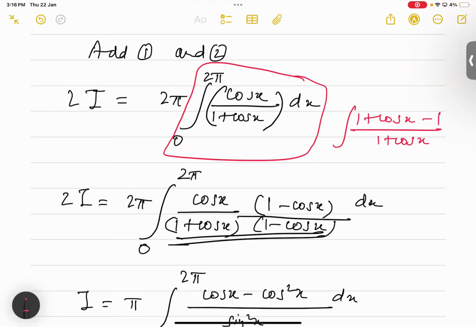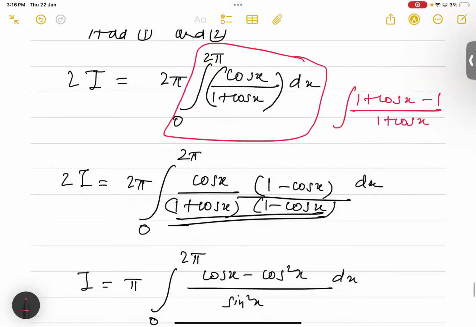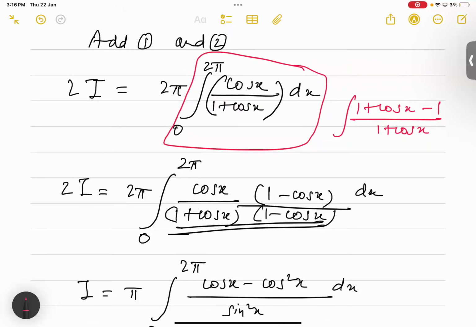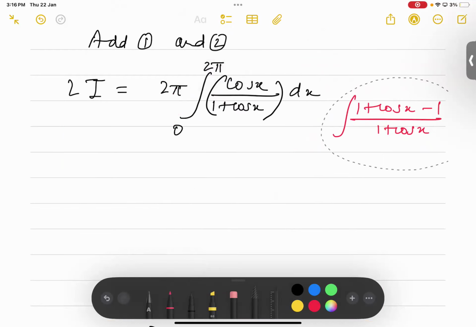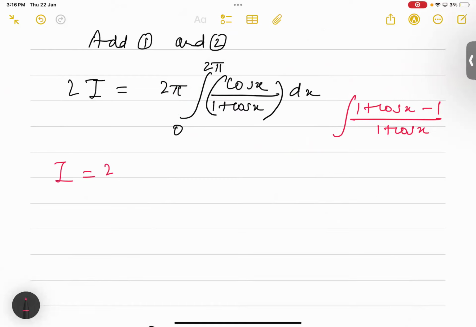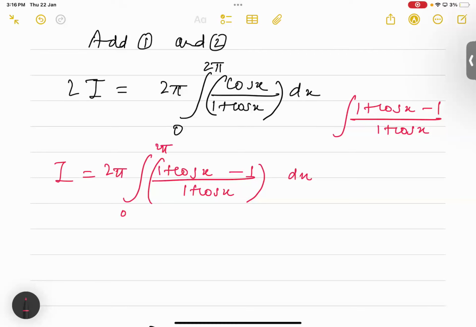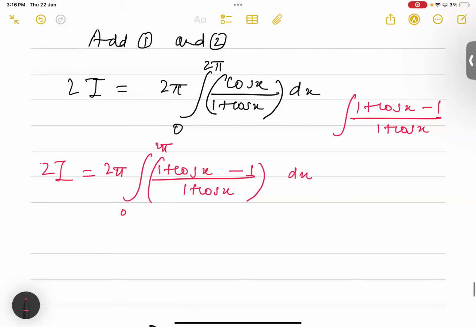Question. So, is that good? Okay, so I just quickly solve this. So I is equal to integral from 0 to 2 pi of 1 plus cos x minus 1 plus cos x, and there is 2 over here.